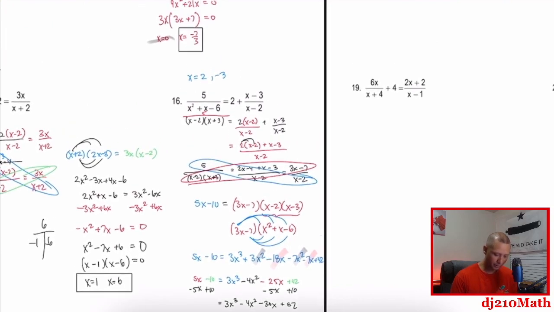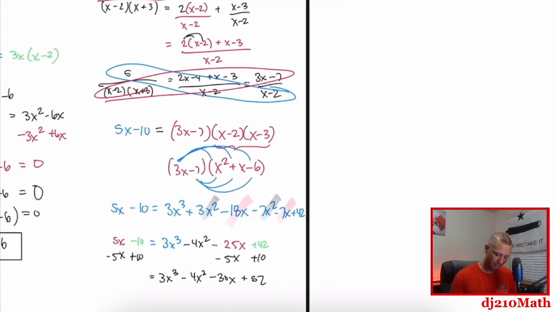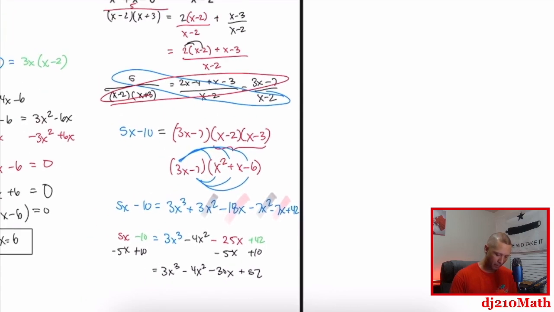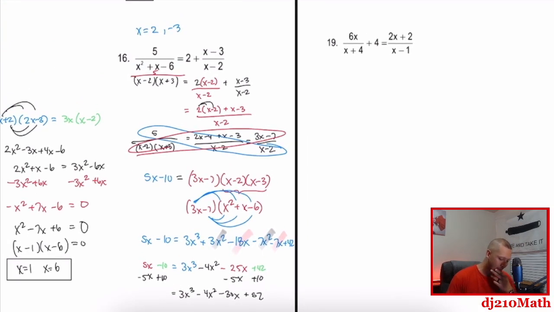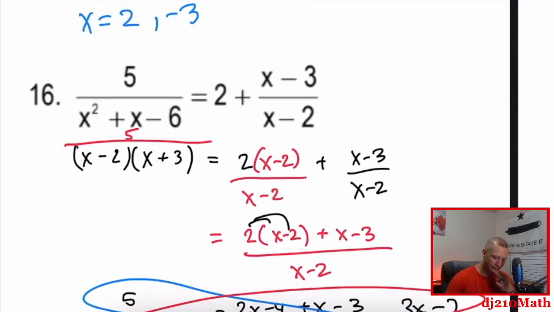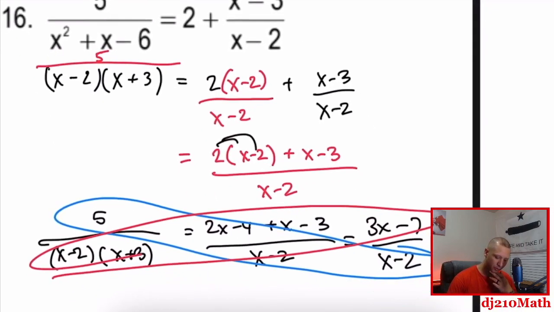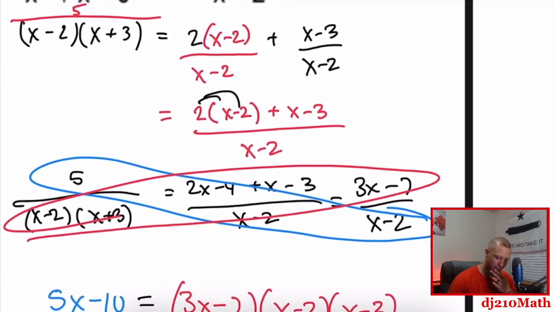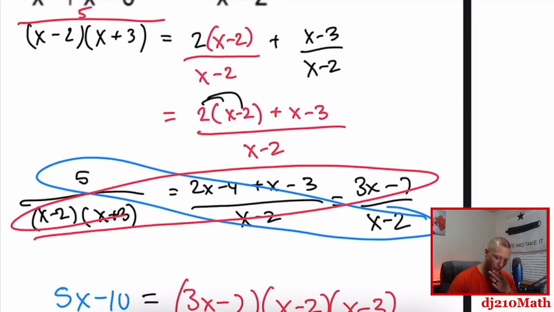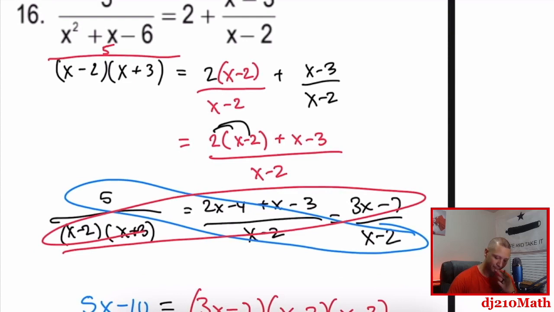But that's wild though, because we need to get x equals something. Let me think about this one. Let's think about this real quick. x minus 2, 2x minus 4, plus x minus 3, negative 4, negative 3. Knew I should have went with my first instinct.